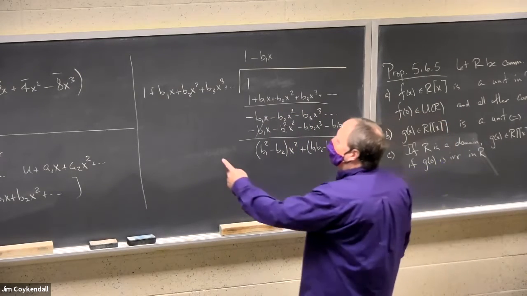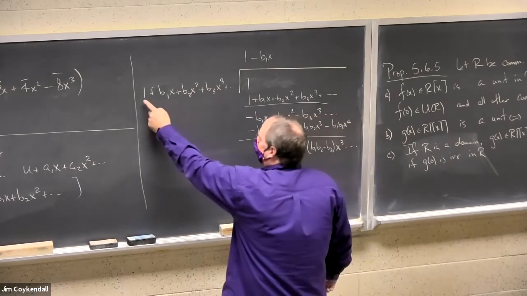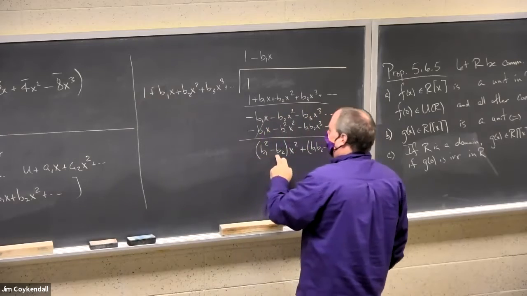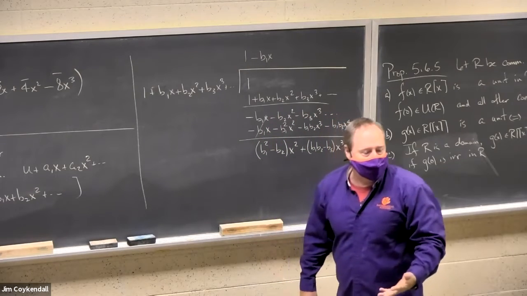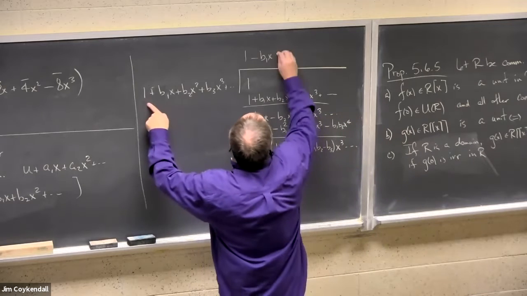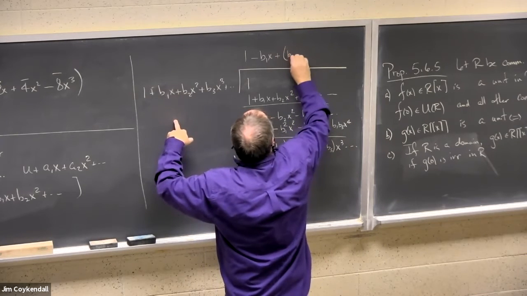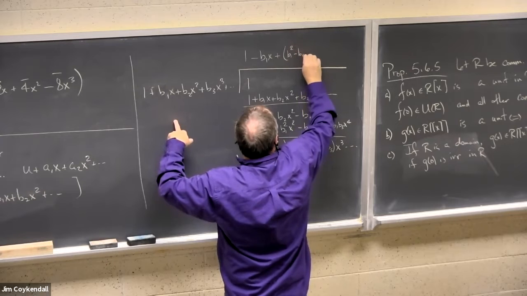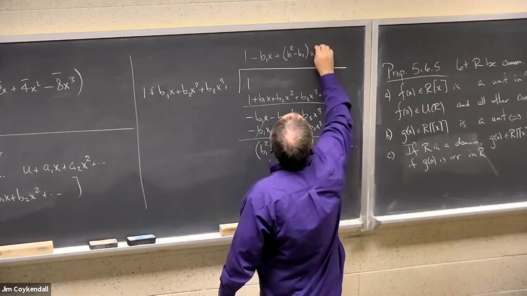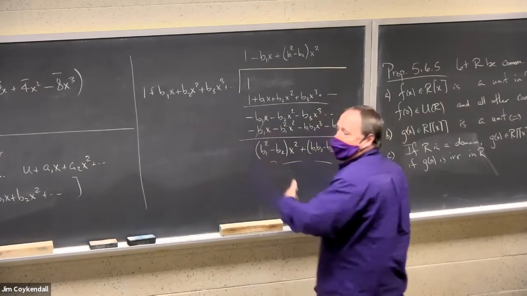But notice that you keep being able to divide in, because all you have to do to keep this going is to be able to multiply 1 by something to get this. And this is always the case because it's 1, right? So for example, the next term that I should get, assuming I put all this right, is b1 squared minus b2, x squared. And then I'll get a new remainder, but 1 has to divide into it.